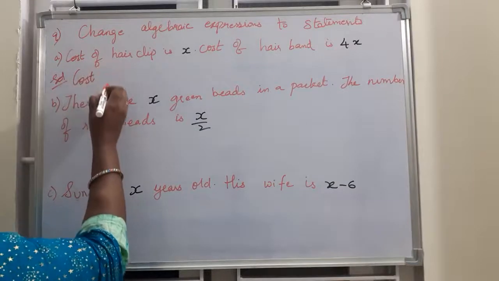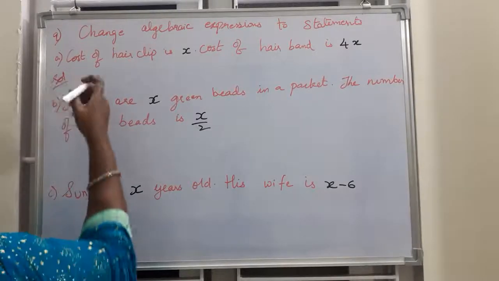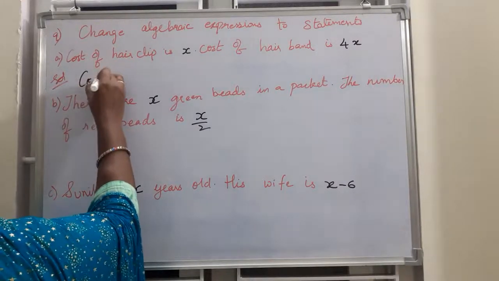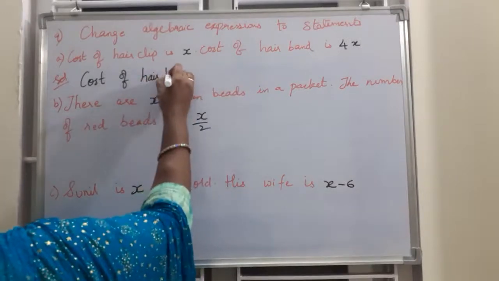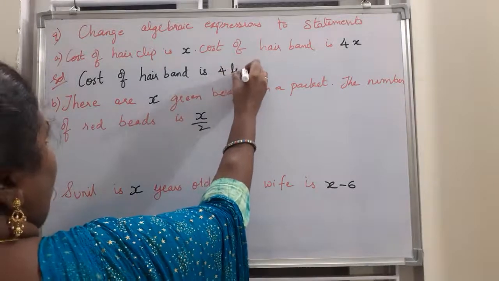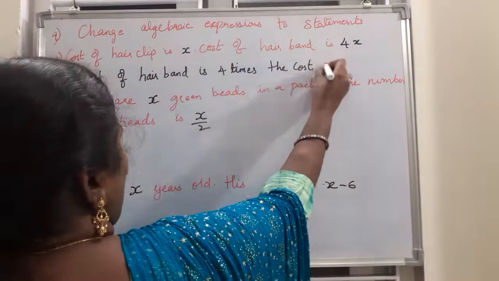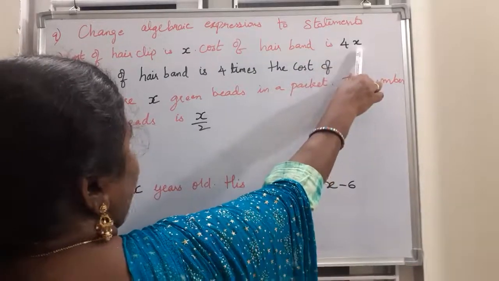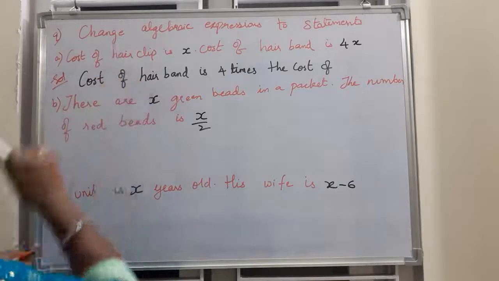Cost of hairband is 4 times of x. Now, what is x? x is the cost of hair clip.